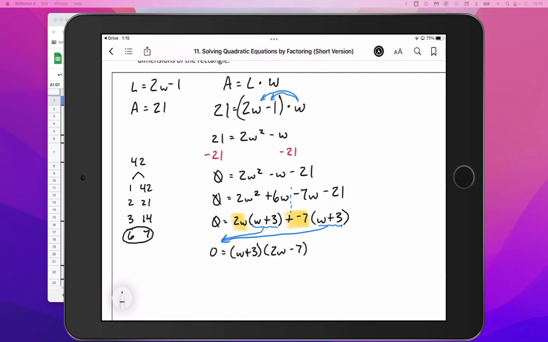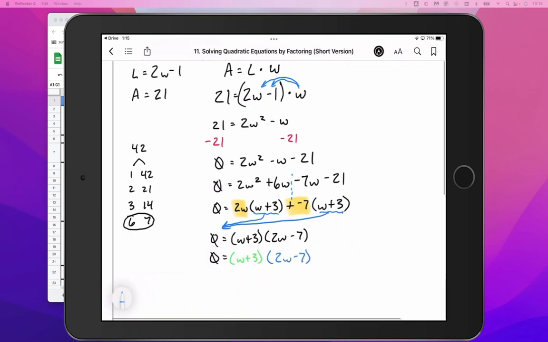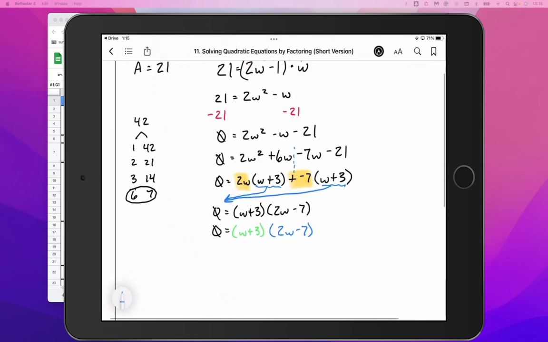And so now, exactly how I've done in the past, if the green one is equal to 0, or the blue one is equal to 0, that whole right side is also equal to 0.